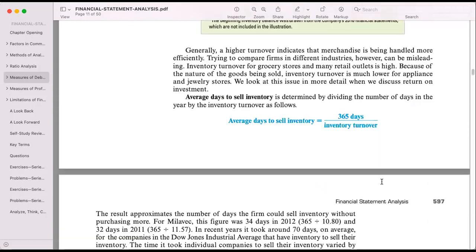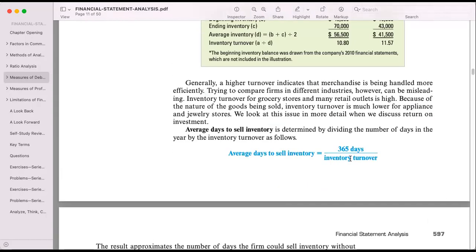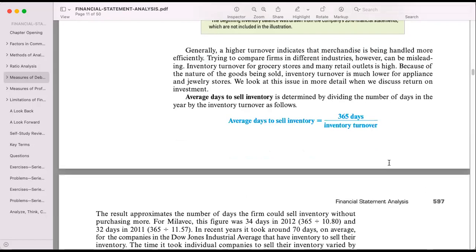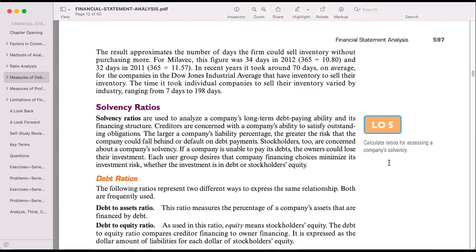And if we solve for the average days to sell the inventory, we have 365 days divided by the inventory turnover, that is the average time or average day that we can sell such inventory. We are done with the liquidity ratio. Again, the interpretation there is the company's ability to pay short-term debts.